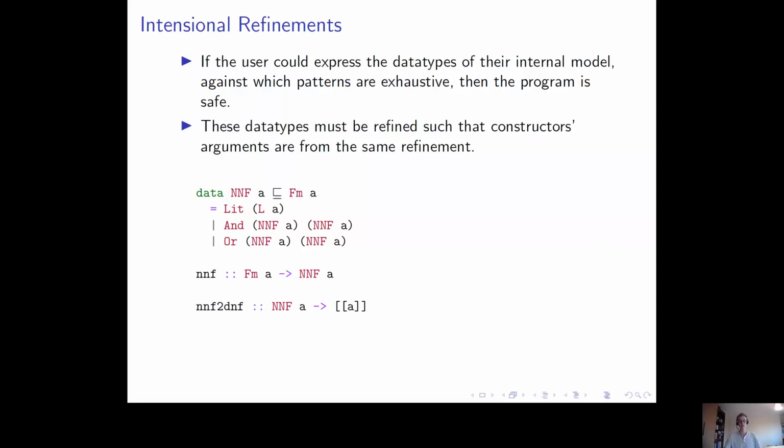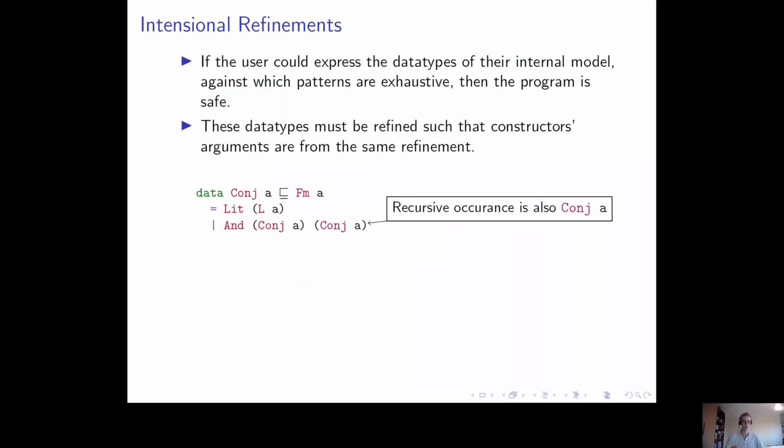Note that the code here is just illustrative, and so no such annotations are actually required. The only corresponding restriction is that the arguments to recursive constructors belong to the same refinement. So here we require that OR's arguments are also in negation normal form. Similarly, a conjunction of literals is in this class, as AND's arguments are also a conjunction of literals.